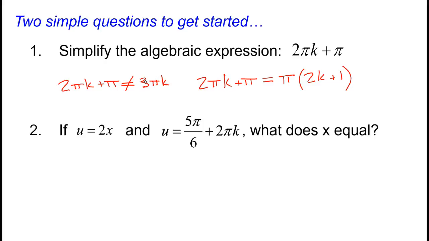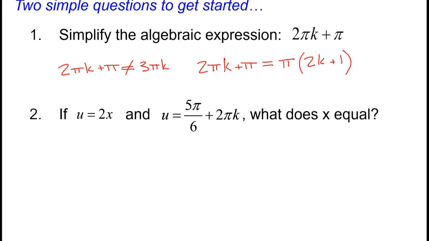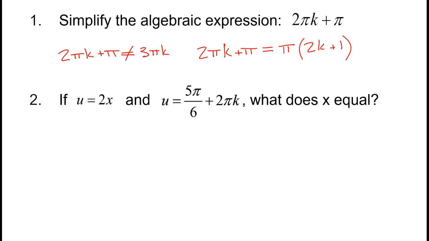Okay, question 2 here. And again, this is an intro question. If u equals 2x and u equals 5 pi over 6 plus 2 pi k, what does x equal? Well, we're going to use a technique here in a little bit called u substitution, where we use the variable u to represent something more complex that'll help us solve some more complicated trig equations.